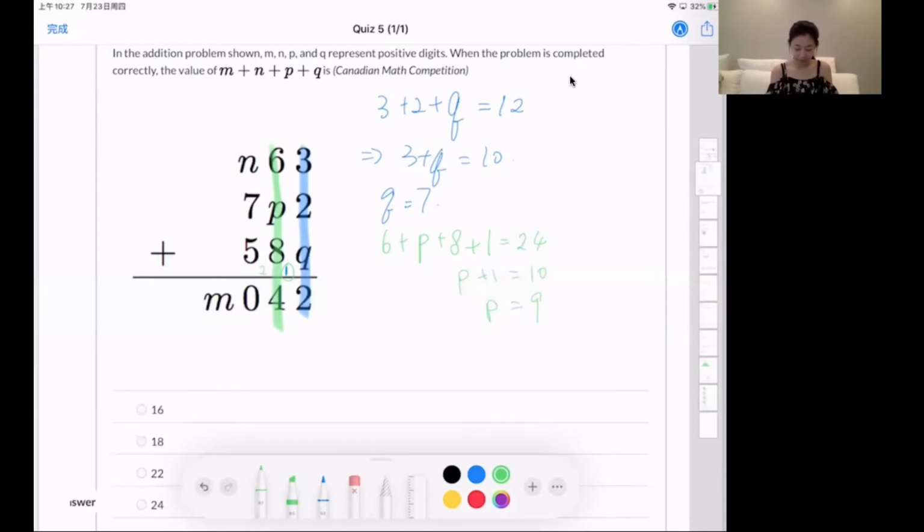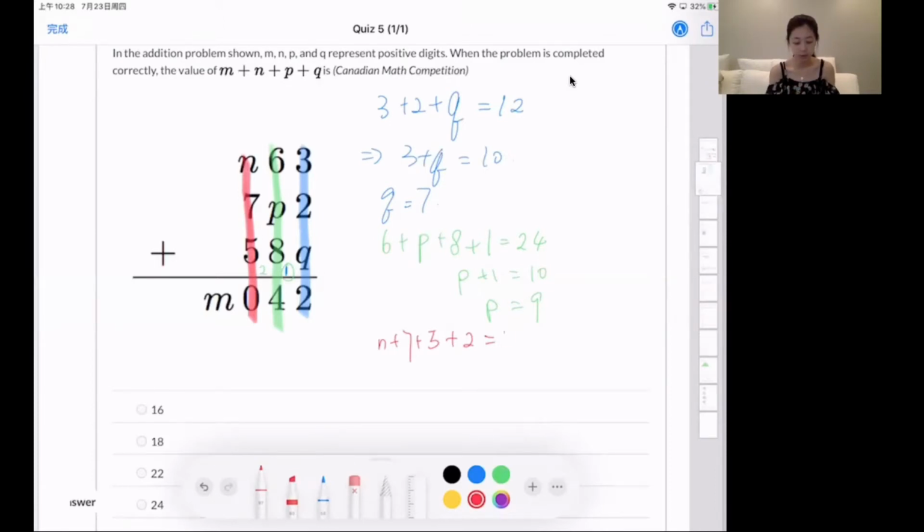So let's see the hundreds digit: plus 7 plus 5 plus 2 equals... 7 plus 5 is already 12, and then it's a 0, so at least it's 20.